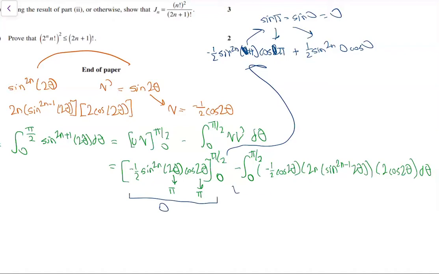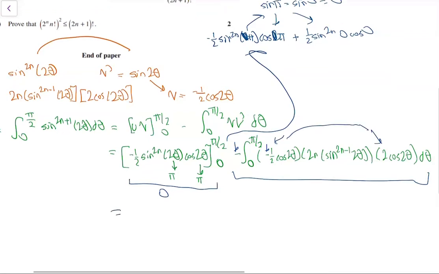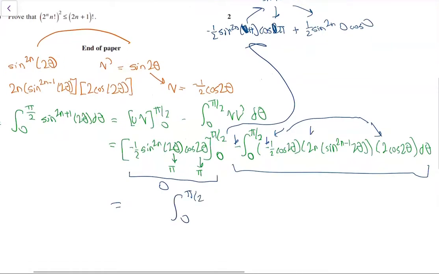Okay, so now we can just look at this part. We have 2 minus signs cancelling out. We have a half and a 2 which will cancel out. So what we'll have is the integral from 0 to pi over 2 of, we'll have a 2n out at the front, and we'll have the sine 2n minus 1 of 2 theta, and we'll have a cos squared 2 theta.